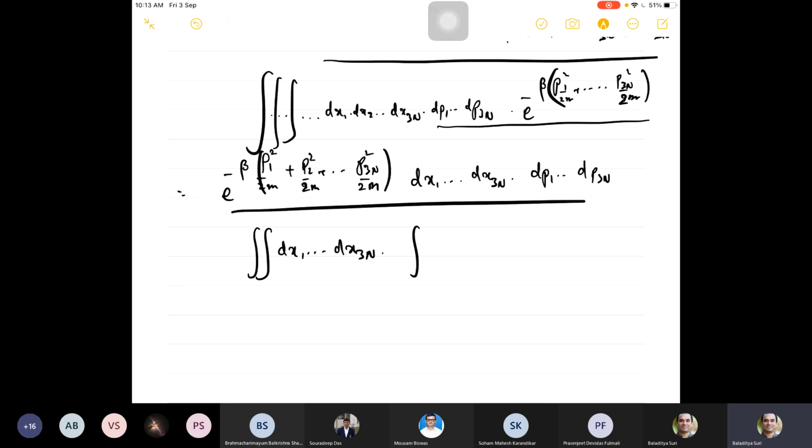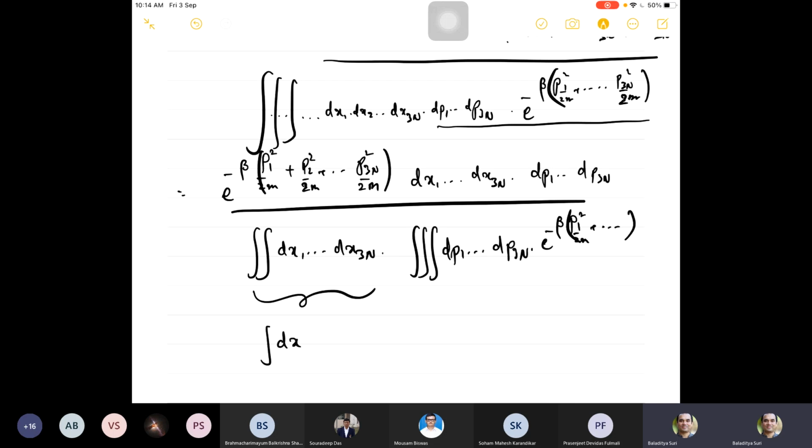Right, there is no problem. But this one here is very easy, because integral dx, let us say dx dy dz, for one particle over the entire volume V. Can somebody tell me what this is?